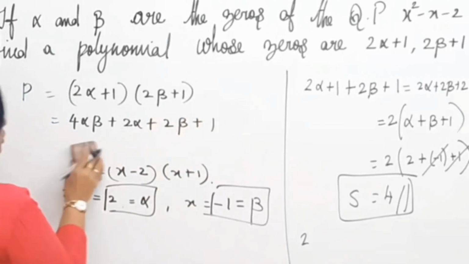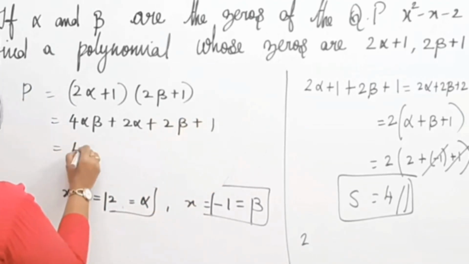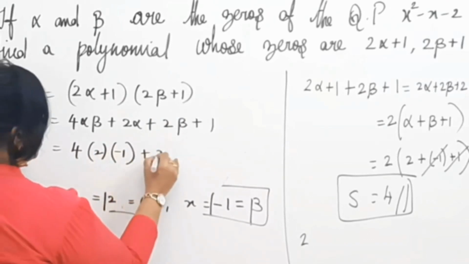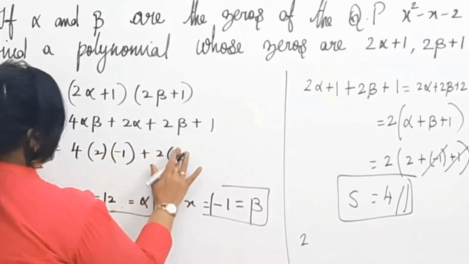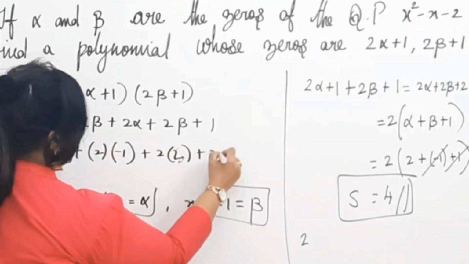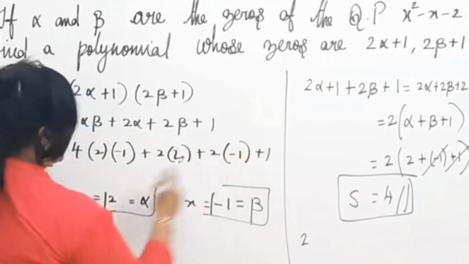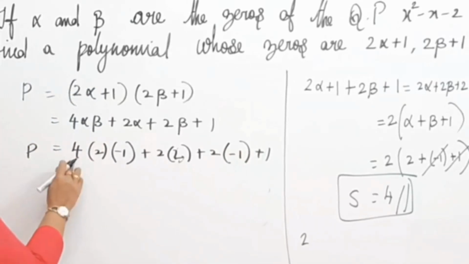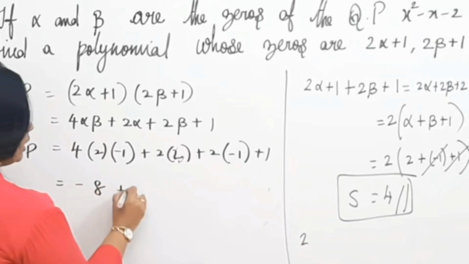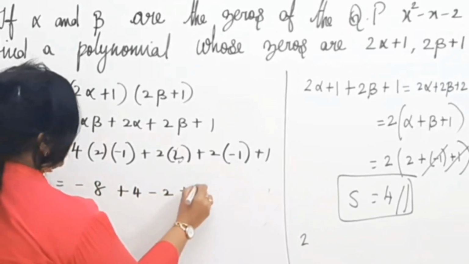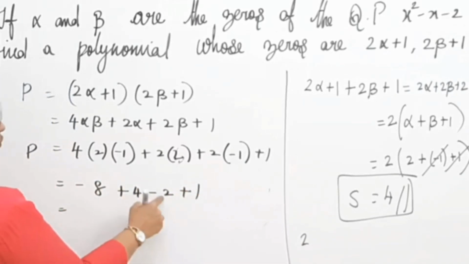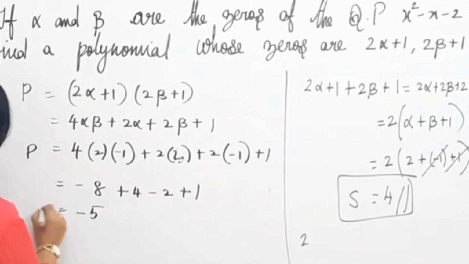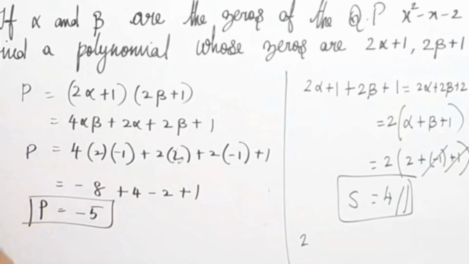So I go and substitute my values. 4 into alpha is 2 into beta is minus 1, plus 2 into alpha is 2 here, and plus 2 into beta is minus 1 here, plus 1. So I get my product, on simplification, minus 8 plus 4 minus 2 plus 1, that's equal to, plus 4 minus 2 is 2, 2 plus 1 is 3, 3 minus 8 is minus 5. I got my product as minus 5.